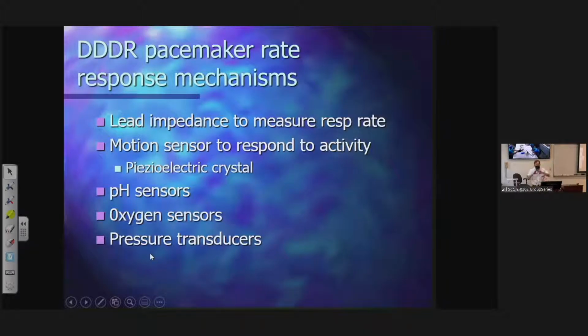Anything you put in your body, it always tries to wall it off and encapsulate it. So these are the ways we would engineer a heart rate response in a pacemaker, by those mechanisms I just told you.